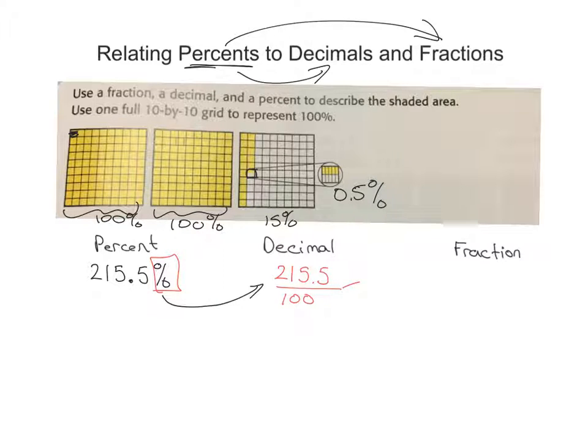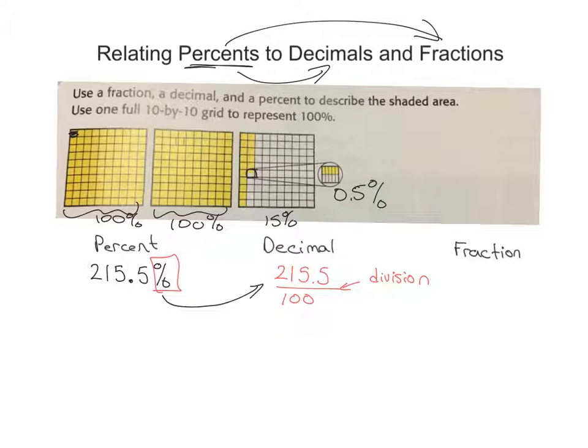Now, this fraction line is really important because it also represents division. So when we see this line, we can do a simple division to calculate it as a decimal.